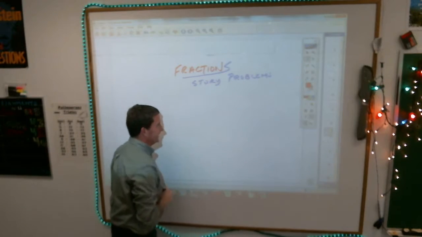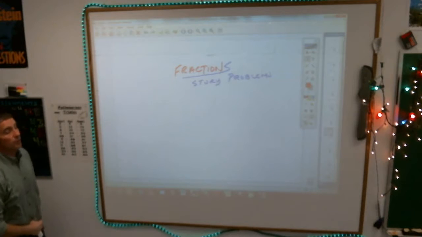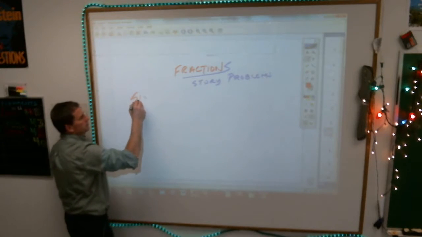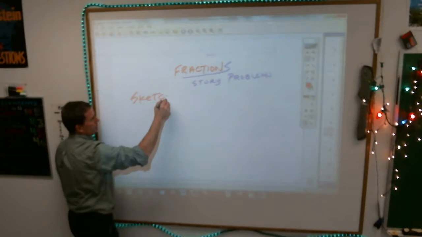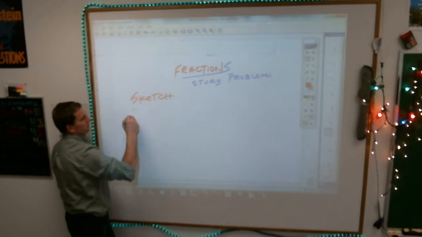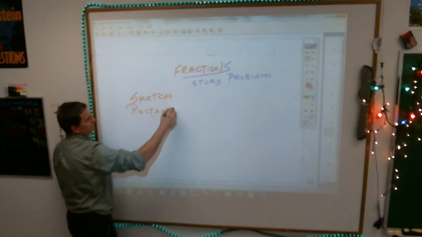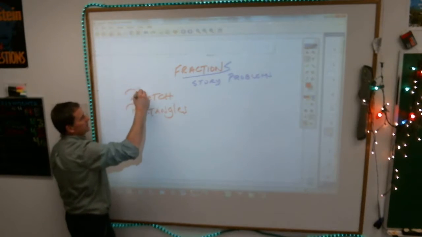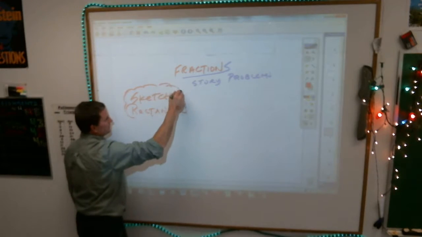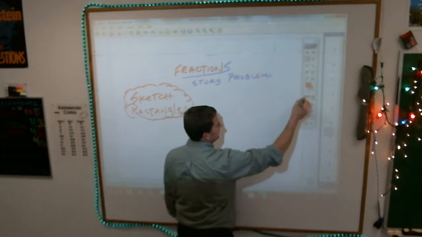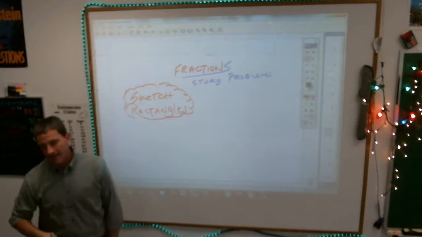And I will tell you again, because I think we've hit upon this once before, this is one where you need to sketch out your problems as rectangles. I know we did it before, sketch rectangles. Let's write down an example problem, and then you'll say, yes, that's a great idea by the math teacher.